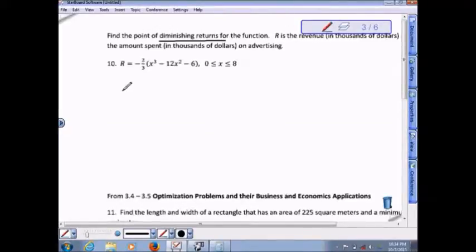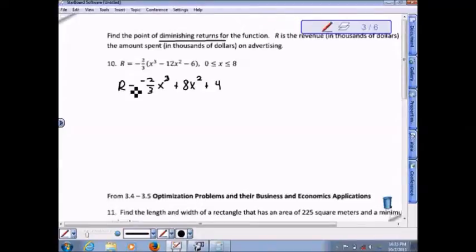So what we need to do is find the second derivative of this. I'm just going to simplify this. So this is negative 2/3 x to the third, and then negative 2/3 times negative 12 is going to be positive. 3 goes into 12 4 times, 2 times 4 is 8, so this is 8x squared, and then 2/3 of 6. 3 goes into 6 twice, times 2 is 4, so this is plus 4.